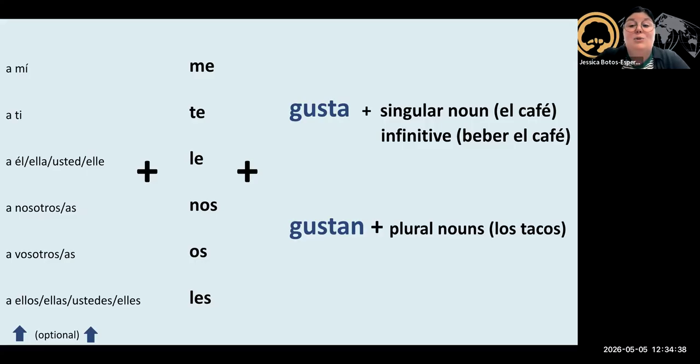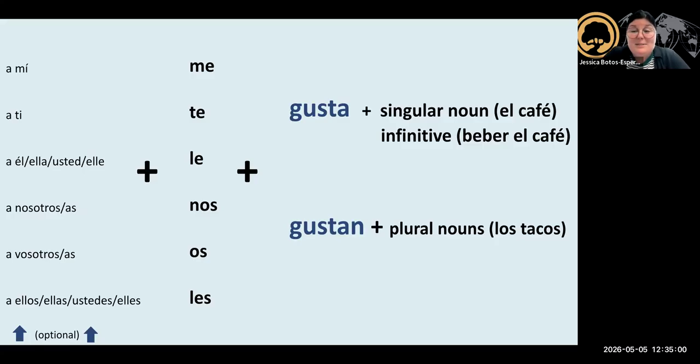Me is to me, te to you, le to him, her, usted, nos to us, os to you all. And remember, we only use os for vosotros in Spain, and les to them or ustedes.